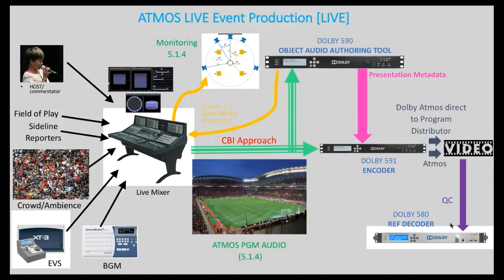The desk can be configured to be usable in an Atmos environment, and that's basically by using 2 main outputs. In a normal 5.1 show, you have a 5.1 main out that feeds transmission. You have all the panning and all your individual mics. You can arrange that sound field however you want.